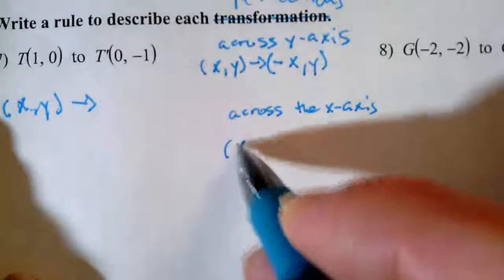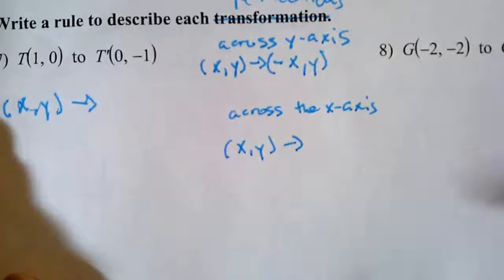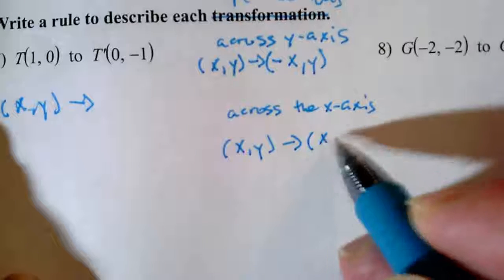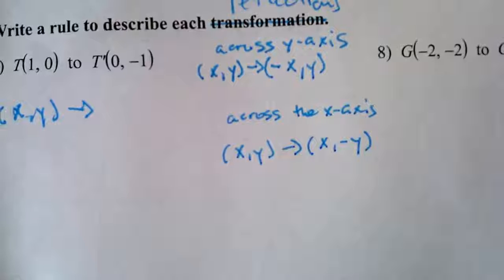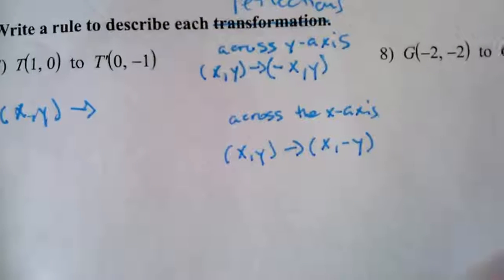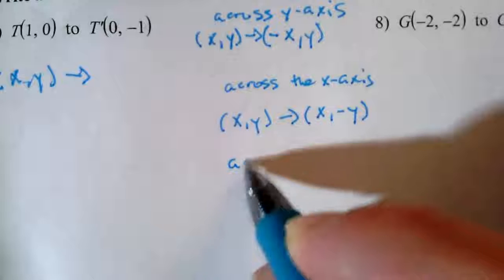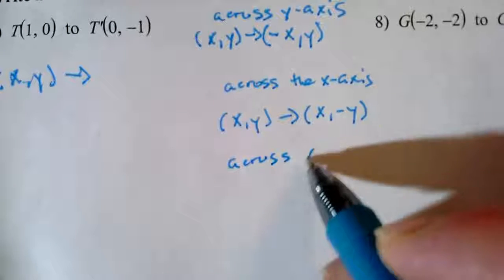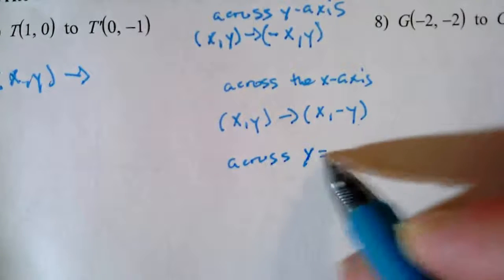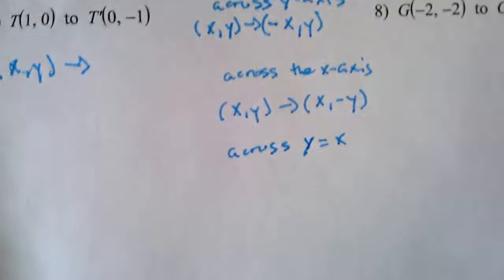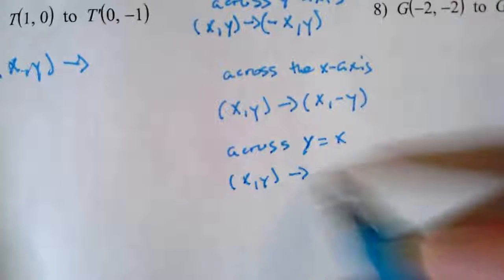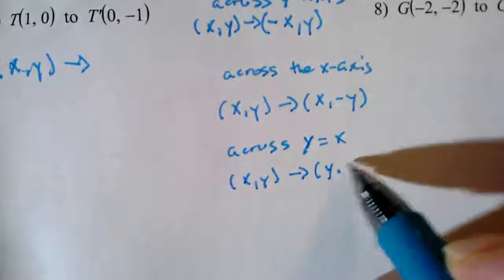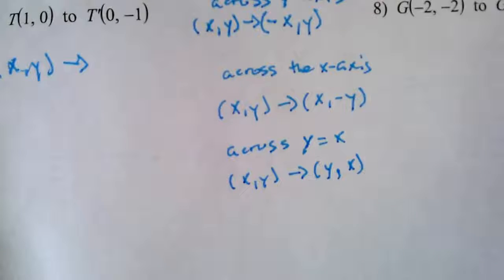In that case, you have (x, y) gets mapped to (x, -y). Another one is across y equals x. In this case, the rule is (x, y) gets mapped to (y, x). So basically just flip the positions of the two coordinates.